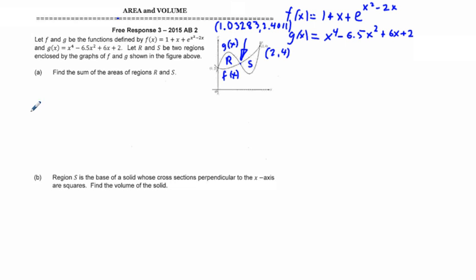The area, I'll say A, is going to be the integral from 0 to 1.03283 of g of x minus f of x dx.